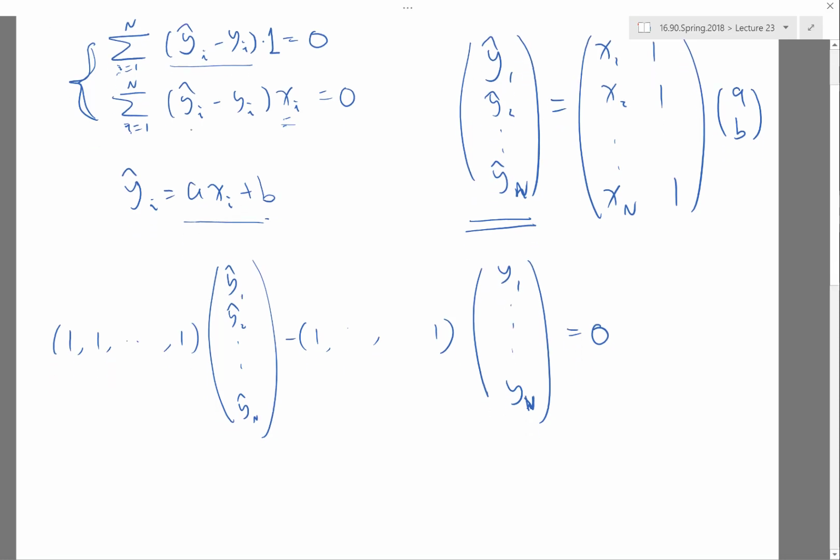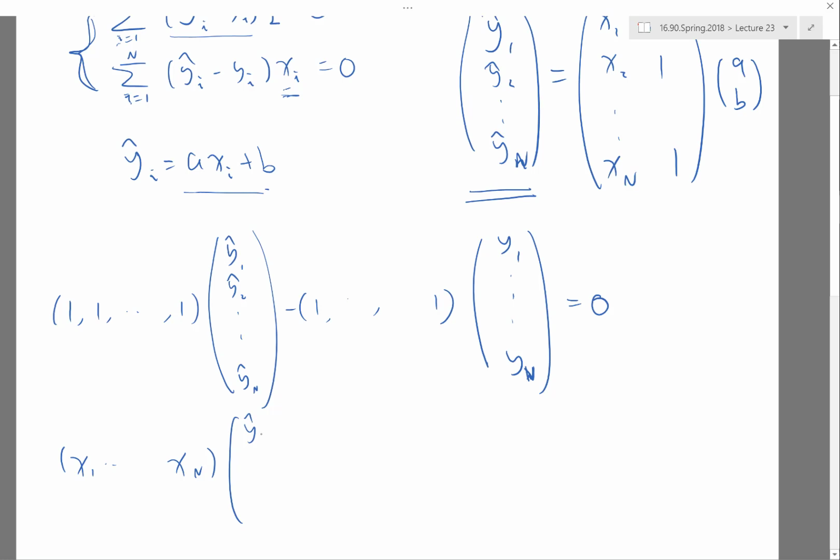My second equation is replacing these 1s with x1 to xn, times this vector of y hats, minus also the same vector of x's times my y's equal to 0.